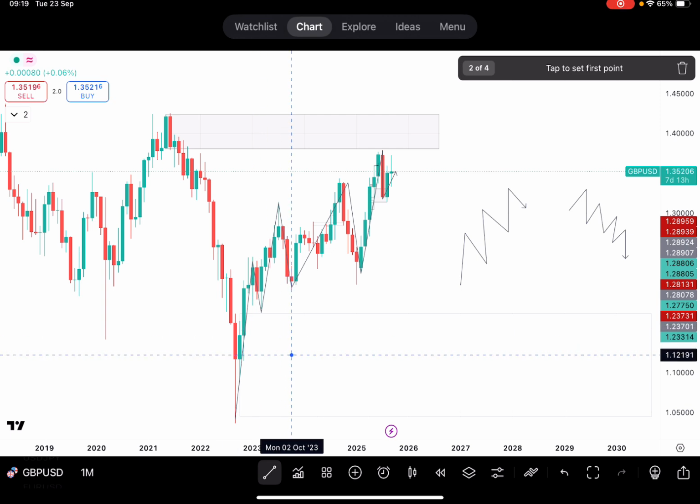So another confluence I look at is where do markets change trend? After I know the direction, okay, the market has to get to somewhere, because we can't be buying forever.